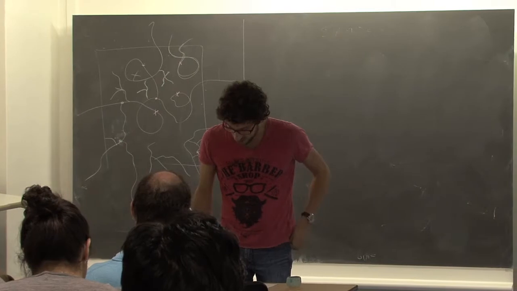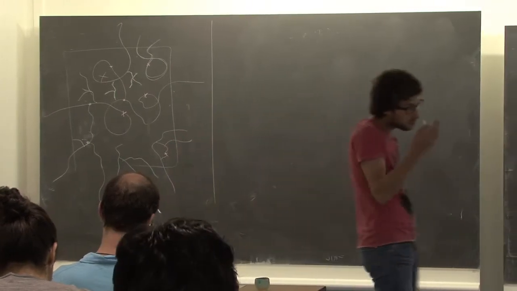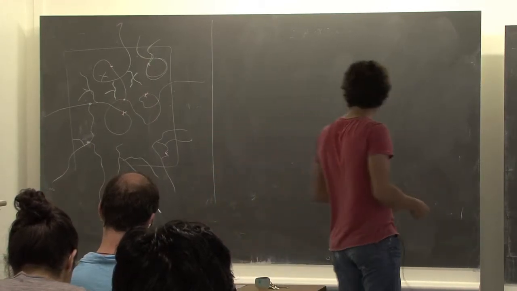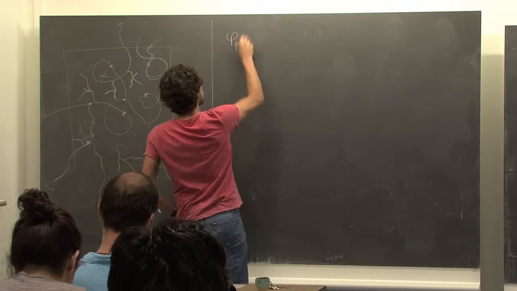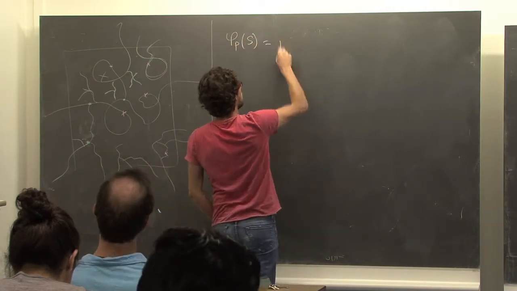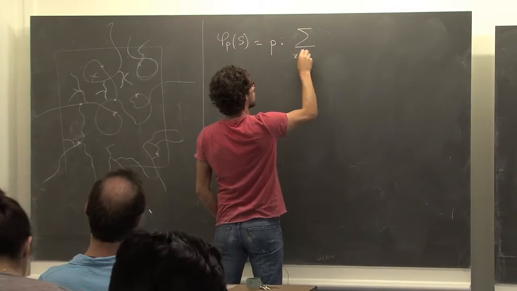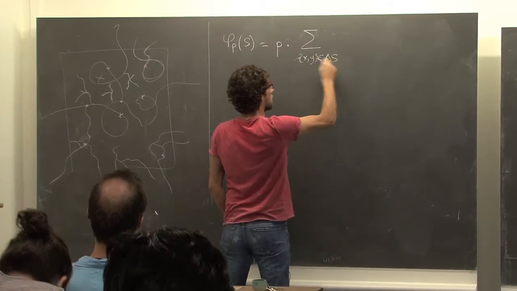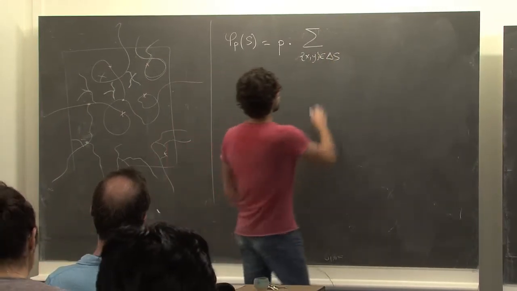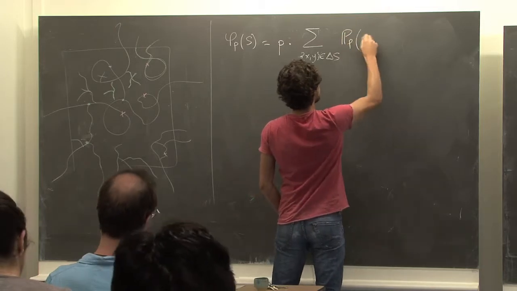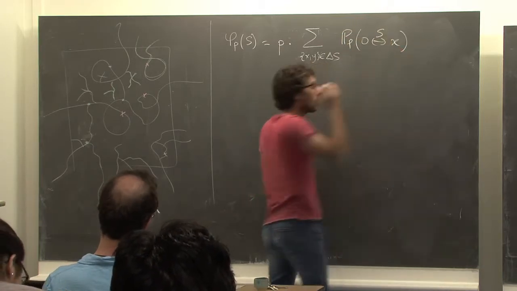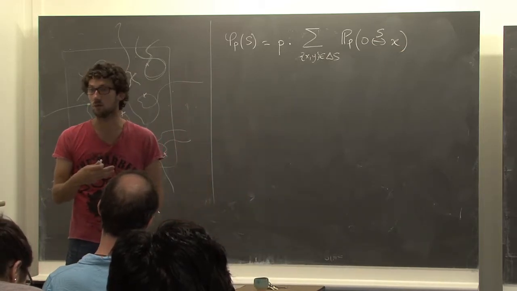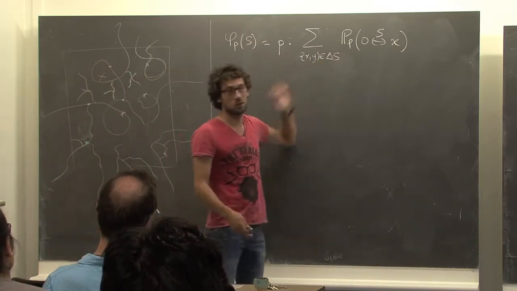Okay, so we finished on this lemma, which we can basically say dates back to Harris. It says that if I define phi_p of S, which is p times the sum over xy in the edge boundary of S of the probability that 0 is connected to x in S. Roughly speaking, it's the expected number of points on the boundary which are connected to 0, except that you have this p and you count with multiplicity.